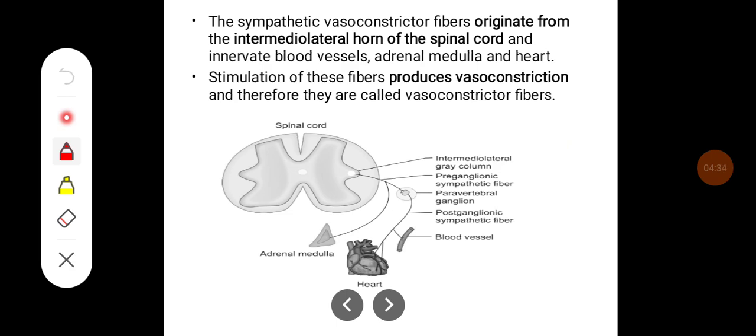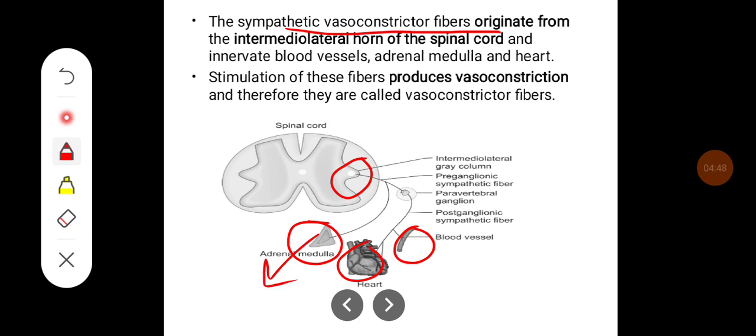These are the diagrams showing sympathetic vasoconstriction fibers, which are arising from the intermediolateral horn of the spinal cord. Then they go to innervate the blood vessels, heart, and adrenal medulla, from where they increase the release of catecholamines.